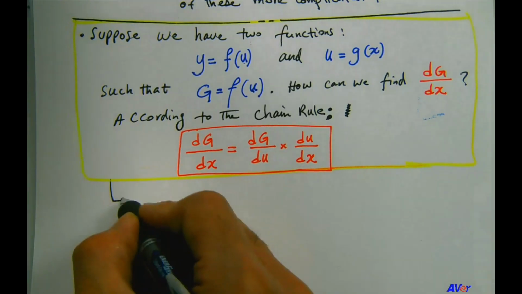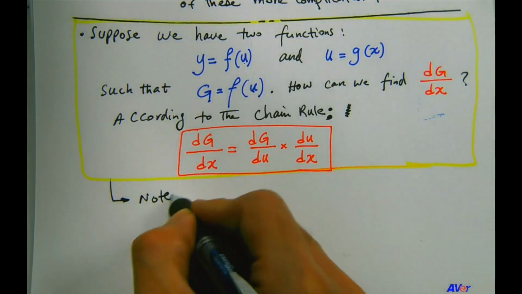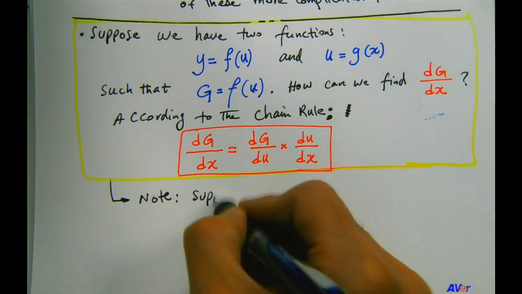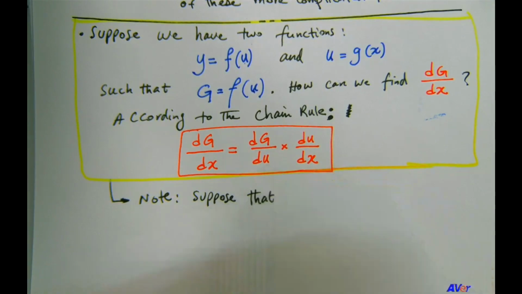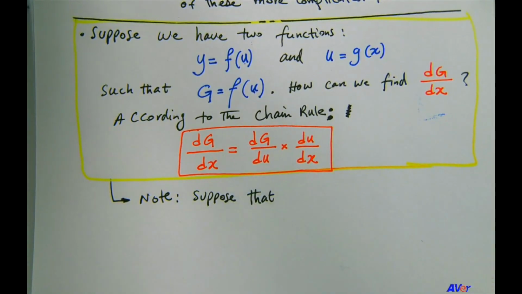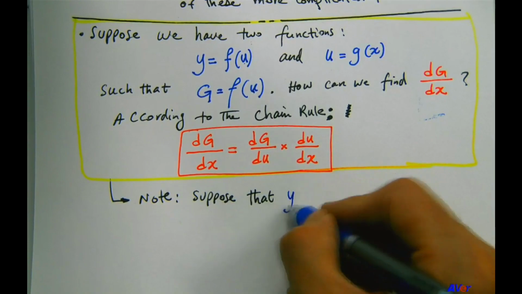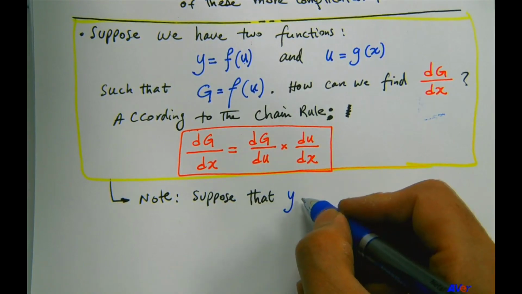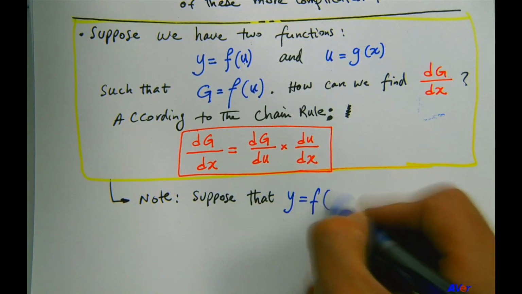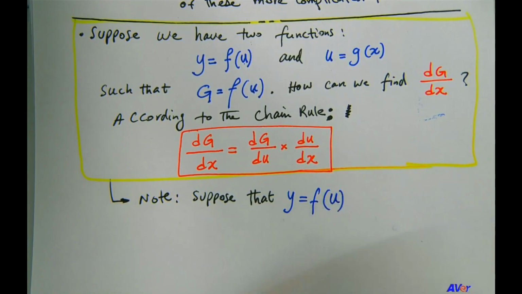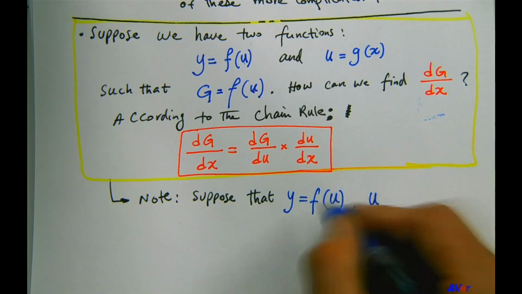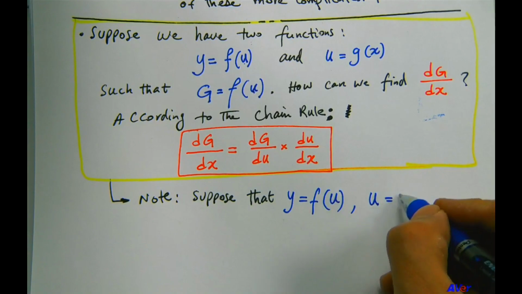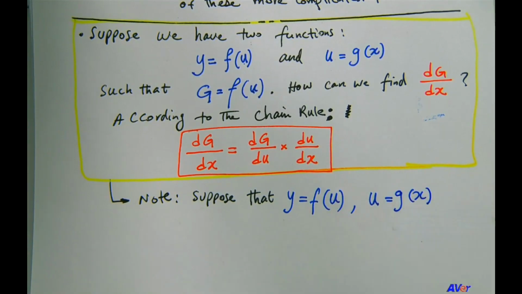Now suppose that we have a function y that is a function of variable u. So y is a function of variable u, and u itself is a function of variable x.